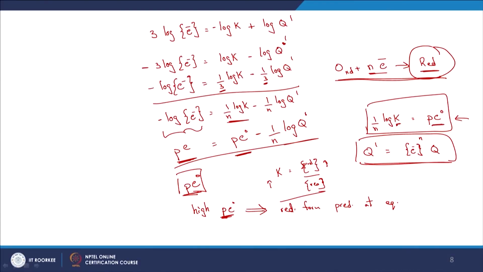When the concentration of the reduced form of the relevant compound is higher. So, that more or less translates to this: when you see a high Pe naught for a particular reaction, it means the reduced form is going to predominate at equilibrium, or it promotes reduction. So, again, higher Pe naught means it promotes reduction.